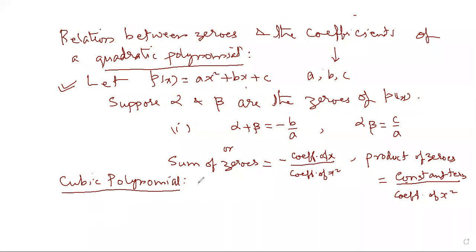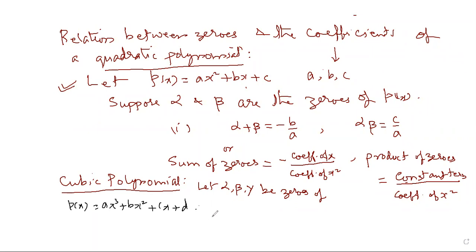Similarly, suppose alpha, beta, and gamma are the zeros of the cubic polynomial p(x) = ax³ + bx² + cx + d. So a, b, c, d are the coefficients, and alpha, beta, gamma are the zeros.